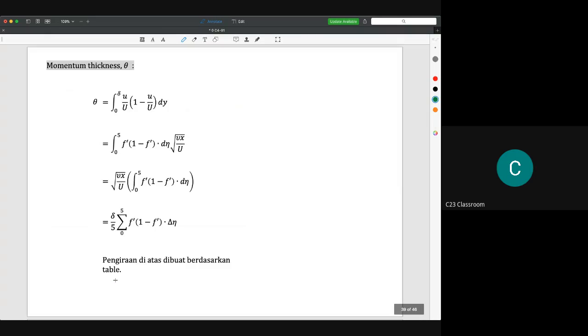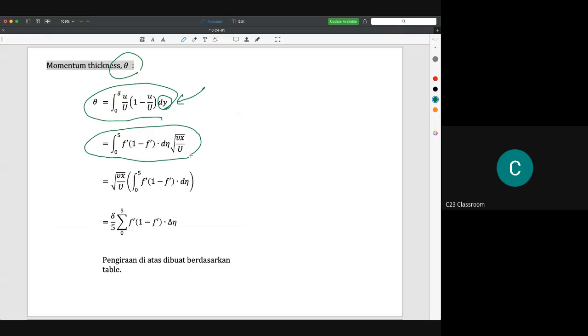So and then if we calculate the momentum thickness theta, again the common equation is shown like this. We need to change it because this equation is actually based on the y-axis, so we need to change into eta. I think you know how to change this based on the previous explanation.